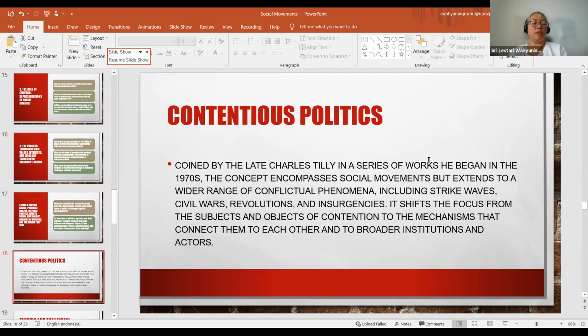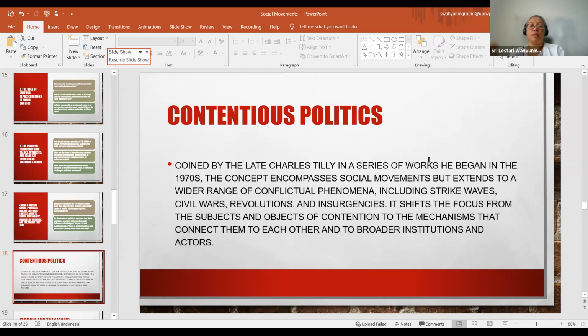So contentious politics is a term coined by Charles Tilly in a series of works that he began in the 70s. So it's quite classical now, but the concept is still being adopted until today.